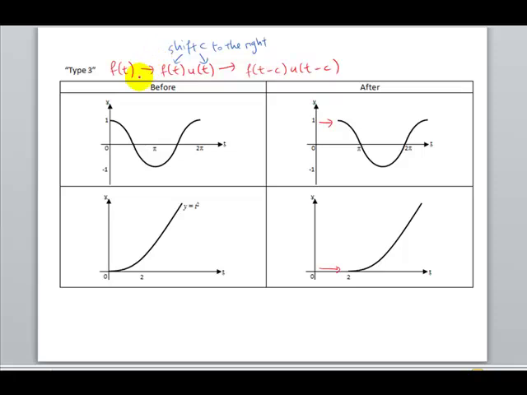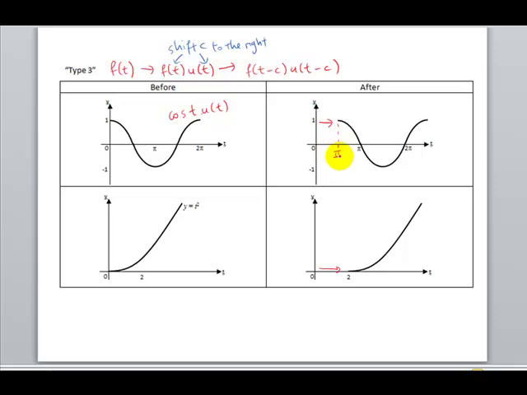Let's look. So for the first example, I have a cosine function. If I were to write it this way, because this cosine function starts from the y-axis, I will write it as cos t u(t). Now I see that it's been shifted to the right. It looks exactly the same, just shifted by how much? Let's see. This is pi.